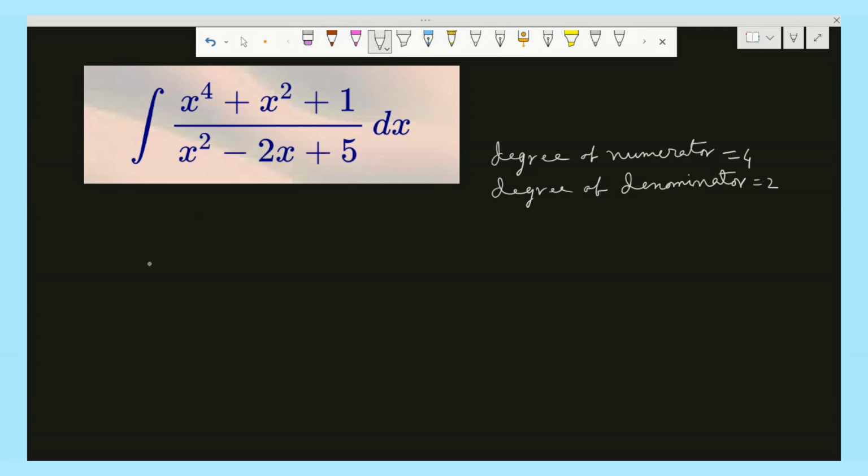So first dividing the numerator by the denominator using the division method. Writing the numerator x to the power 4 plus x square plus 1 dividing by the denominator x square minus 2x plus 5.